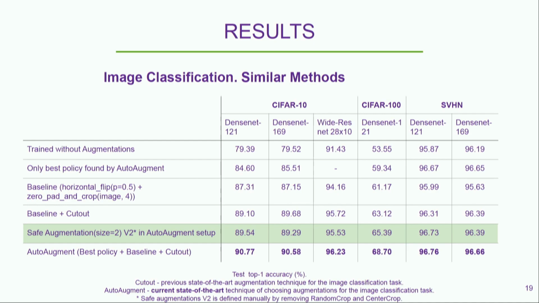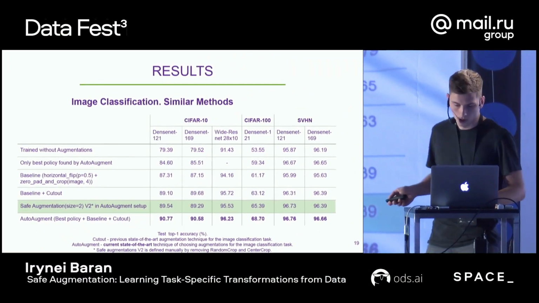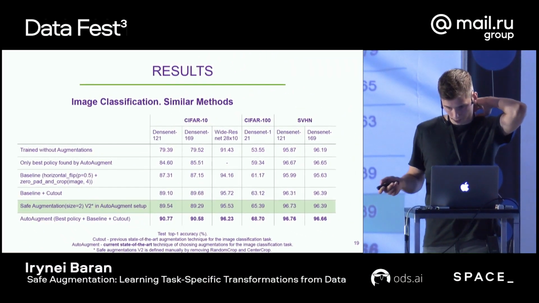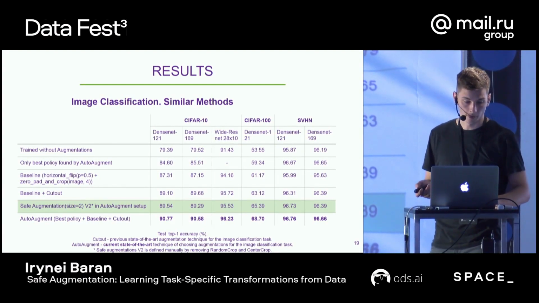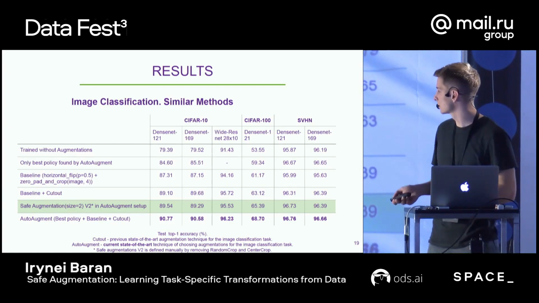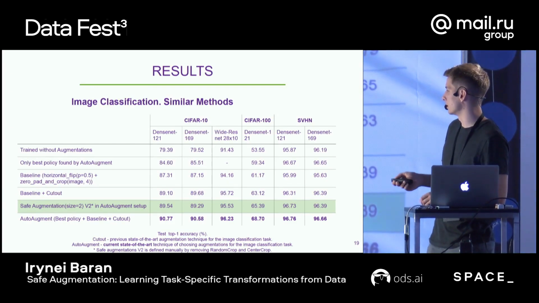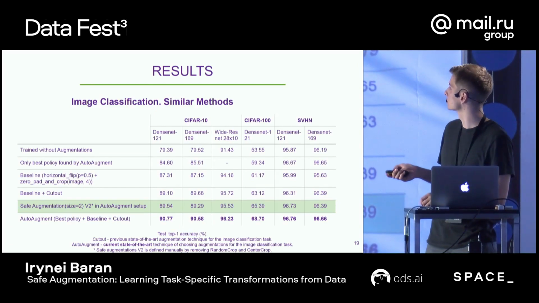For sure, AutoAugment leads to the best accuracy, but our method on CIFAR-100 and Street View House Numbers works better than Cutout. On CIFAR-10, it works slightly worse, but still it is better than the baseline augmentations on all the data sets.